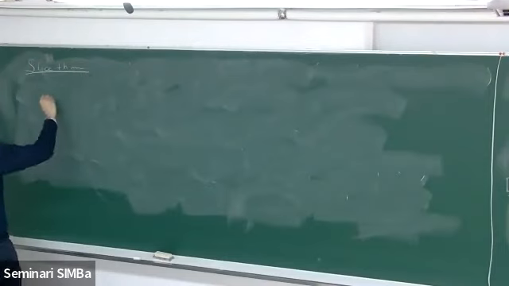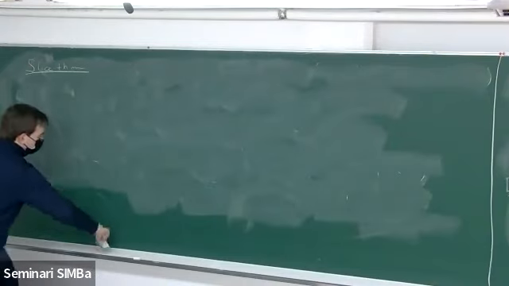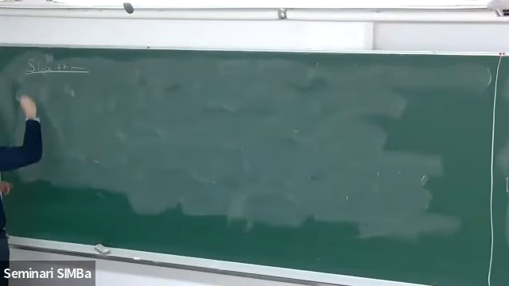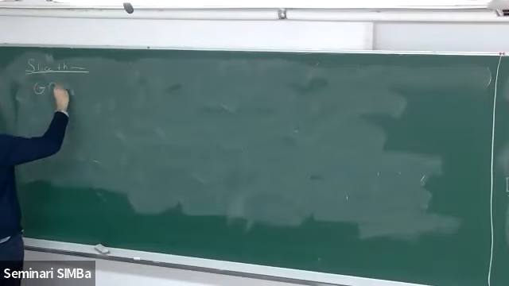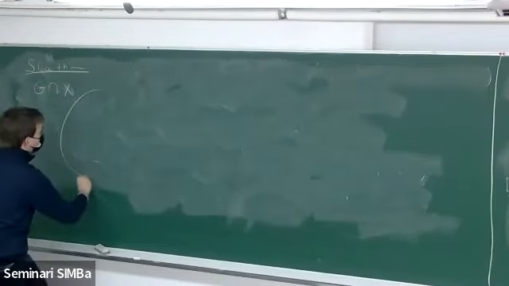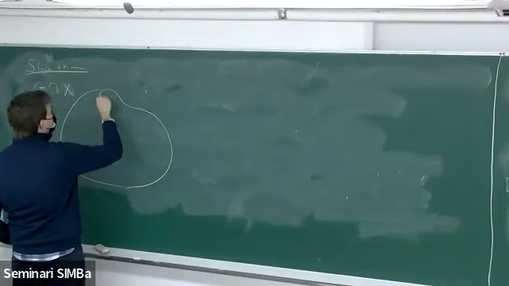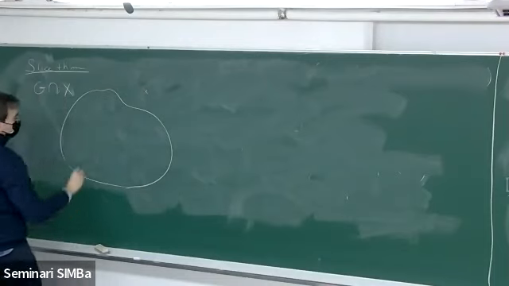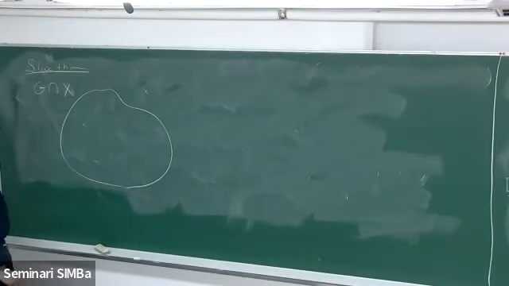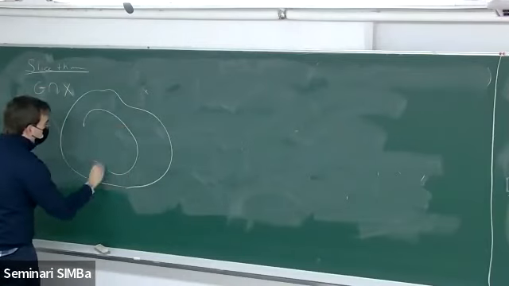So the idea is that we have, in this case, our manifold, I will use X. We have our compact group acting on our manifold X, and we have a point here, and we have an orbit.